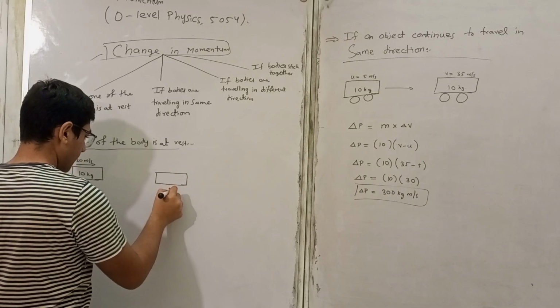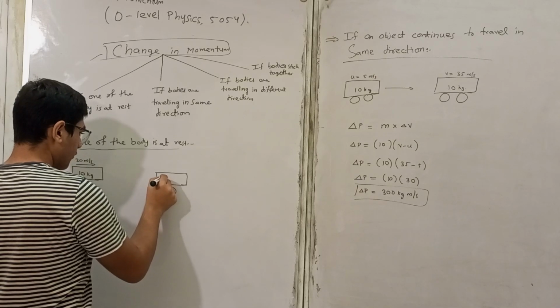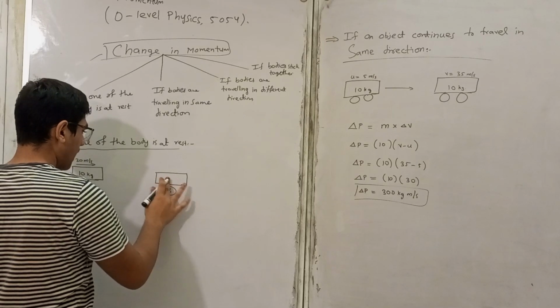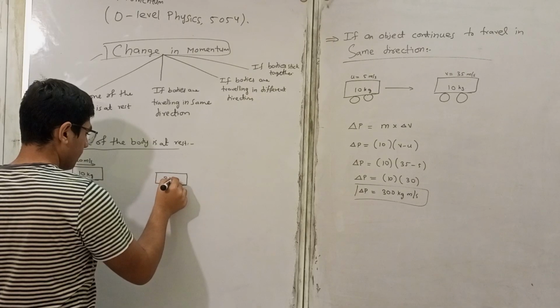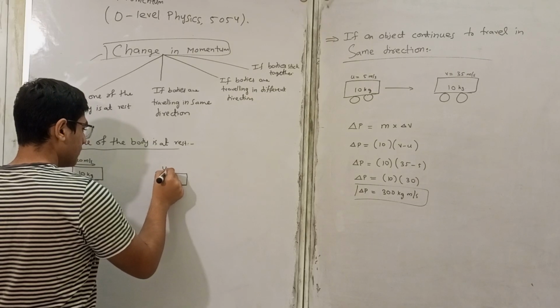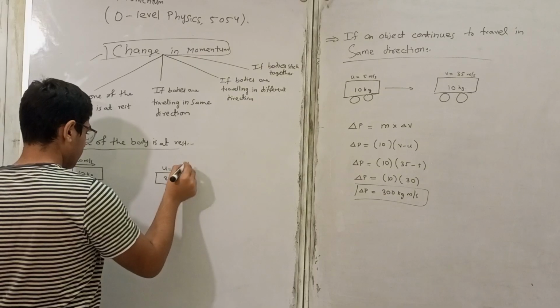And this is car B with a mass of 8 kg, and it is at rest, which means its initial speed is 0 meter per second.